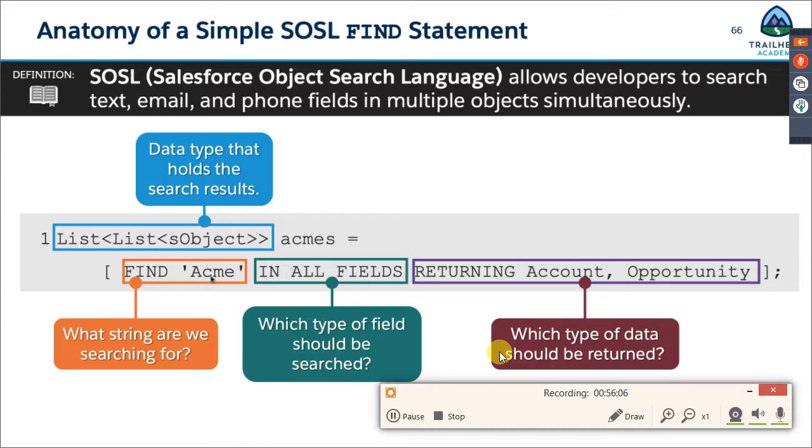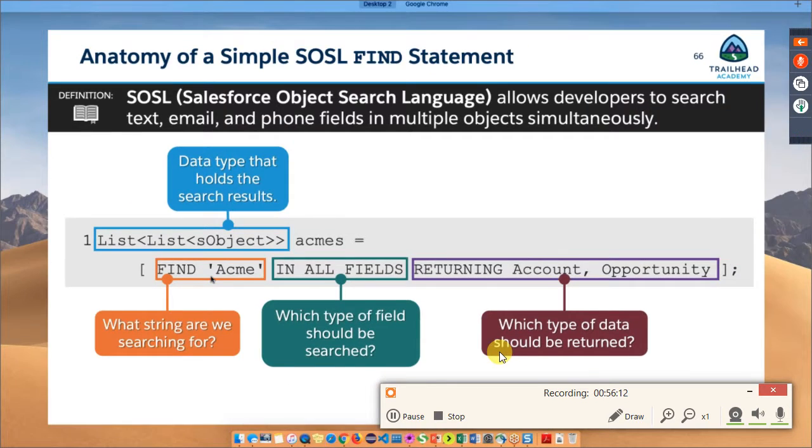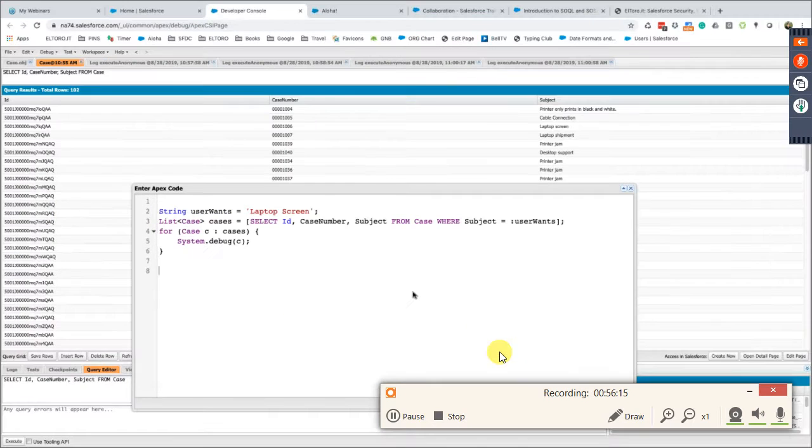Acmes bracket 0, let me actually go here. This is what I'm talking about. Acmes bracket 0 is a list of accounts. Bracket 1 is a list of opportunities. Bracket 0 is a list of accounts, and bracket 0 of that is the first account, the first record in this list.